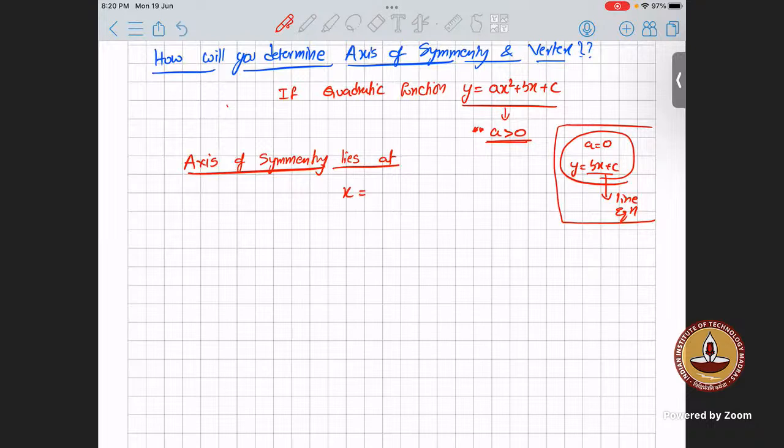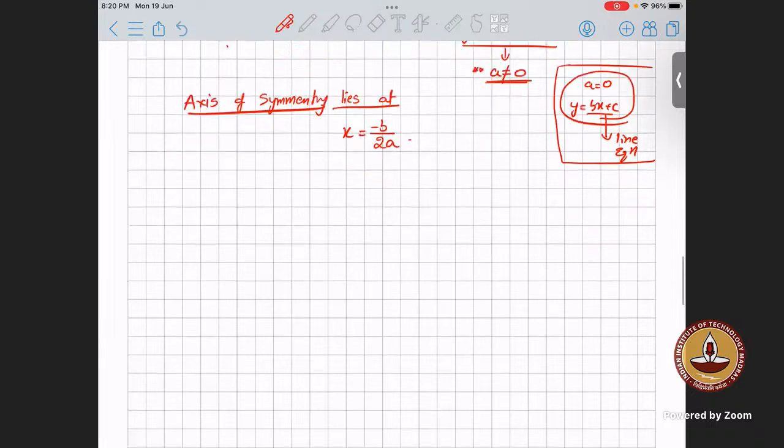Sorry, not a greater than 0, a not equal to 0. The axis of symmetry lies at x equal to minus b by 2a. Okay, this is pretty good.